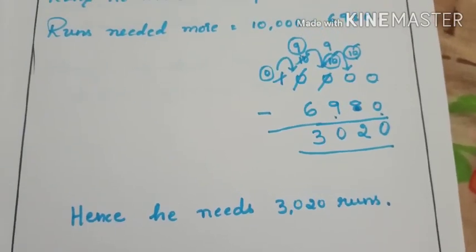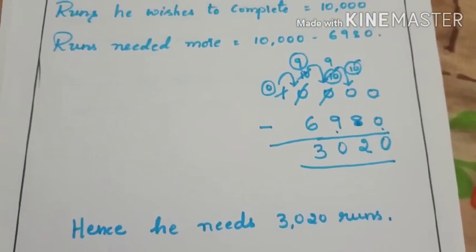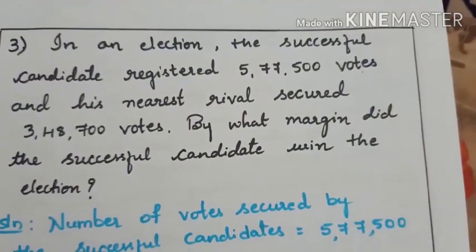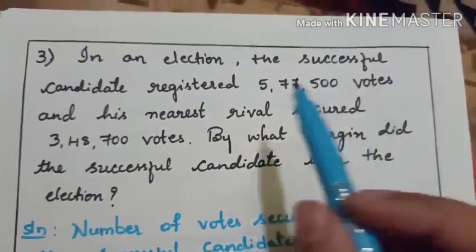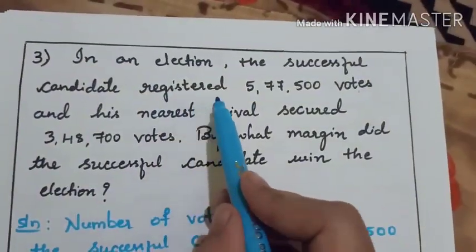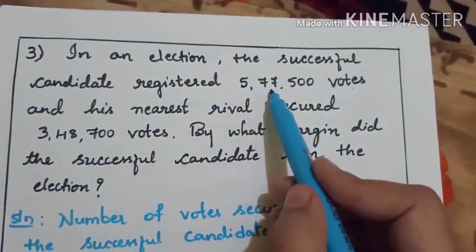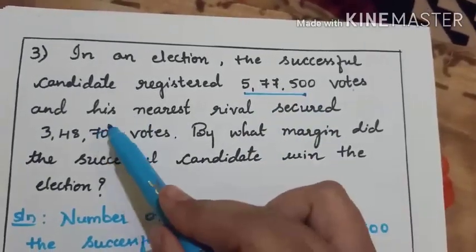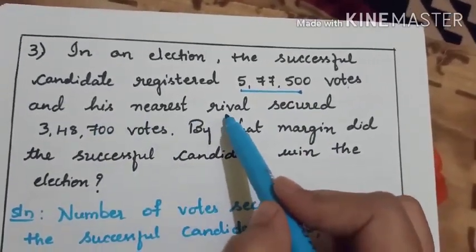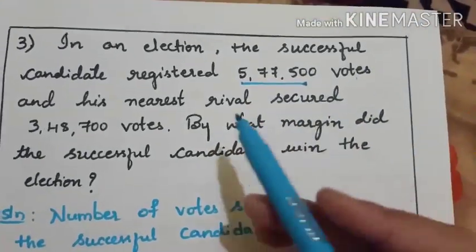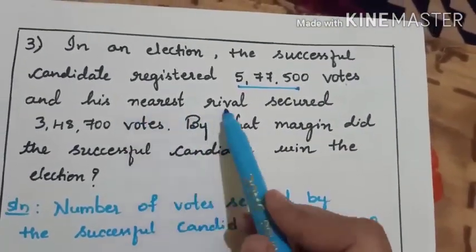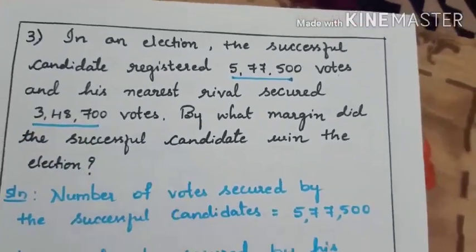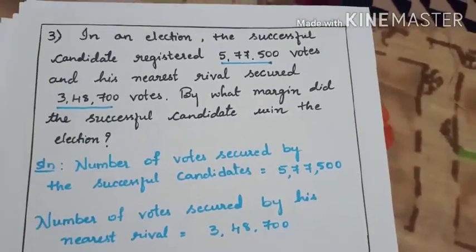Okay, shall we move to the third question? See this question. In an election, the successful candidate registered 5,77,500 votes and his nearest rival, means the opposite one, secured 3,48,700 votes.